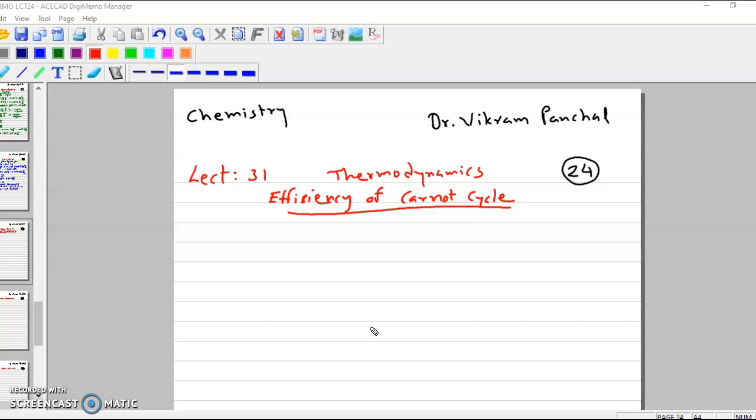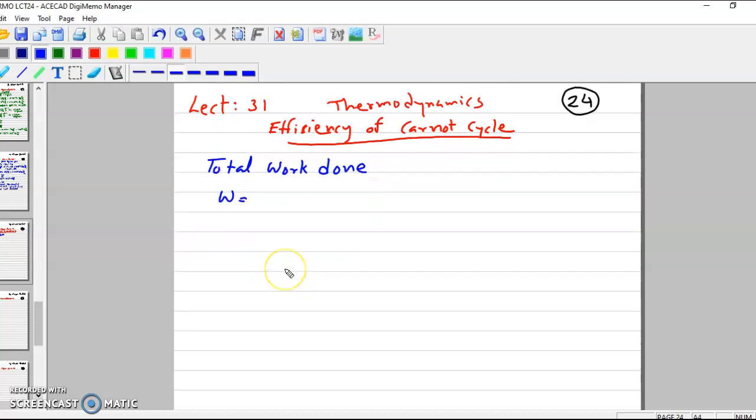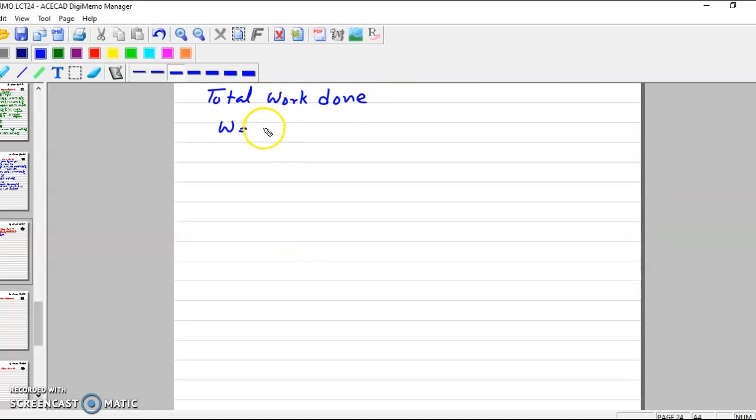In this lecture I will explain what the efficiency of the Carnot cycle is. Total work done W is equal to 2.303 R (T1 minus T2) log V2 upon V1, where T1 is greater than T2 and V2 is greater than V1.